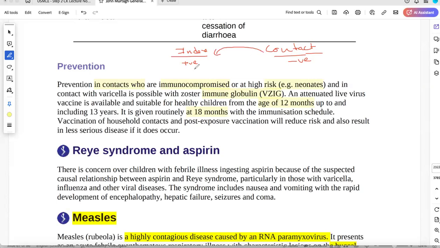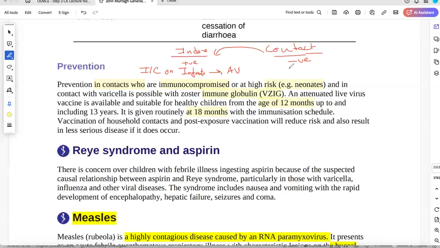Okay. So index case, for someone who is not immunocompromised, there is no need of any treatment. But someone who is immunocompromised or an infant, that patient will be treated with an oral antiviral. For contact, nothing.